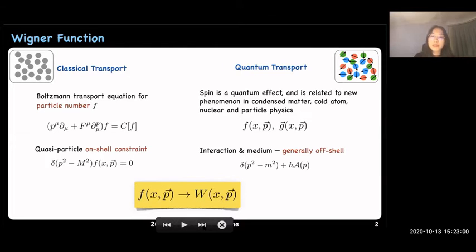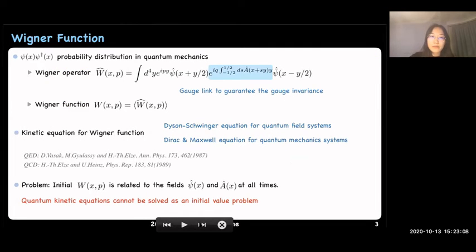So the quantum analog of the classical distribution function is the Wigner function. The distribution function, as we all know, is defined in the phase space, which has a coordinate and a momentum at the same time. However, we know that in quantum mechanics you cannot specify the coordinate and momentum at the same time.